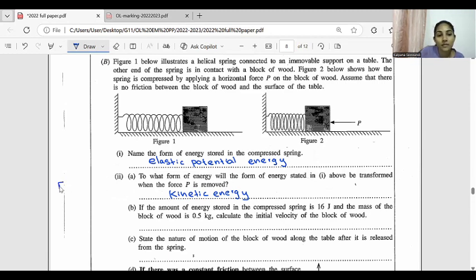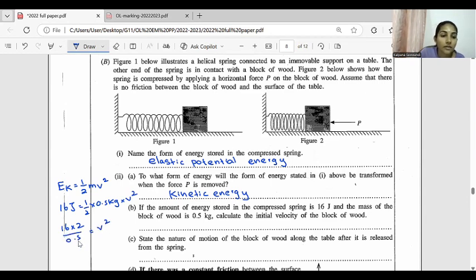So the equation for kinetic energy is Ek equal half mv square. We were given a kinetic energy that's 16 joule, half. Mass of the block is 0.5 kilogram, and we need to find the velocity. So after solving this, 16 into 2 and divided by 0.5 equal v square.